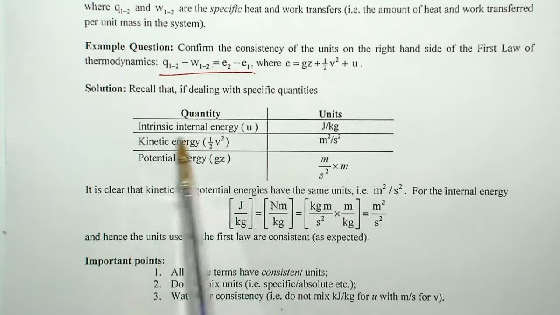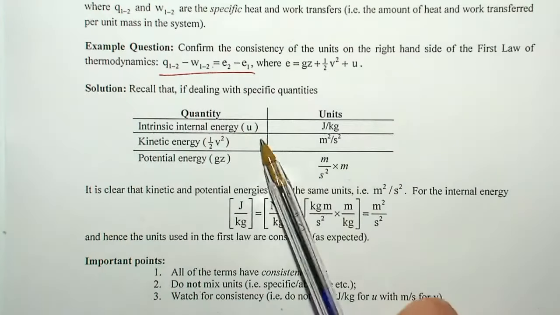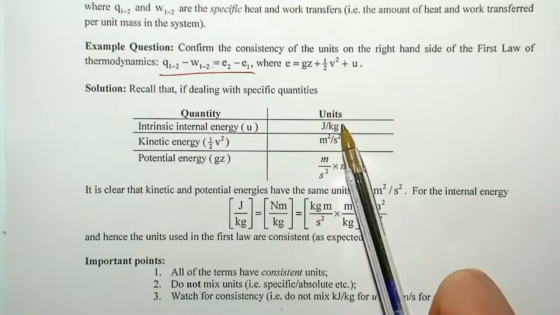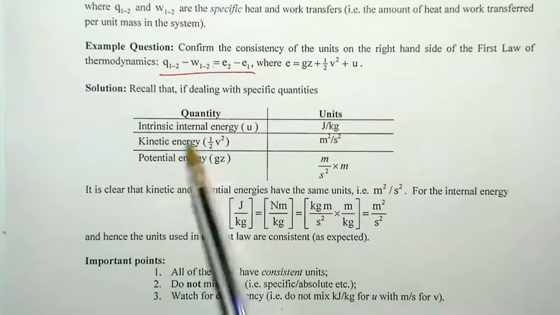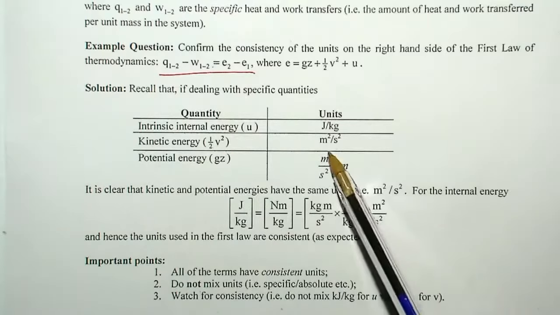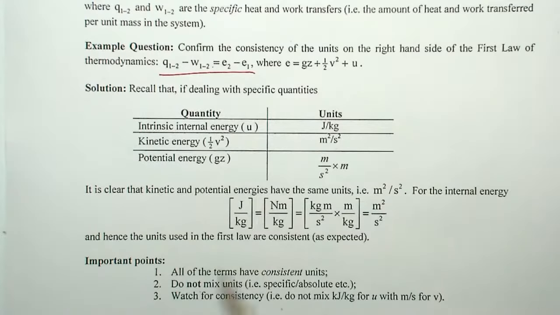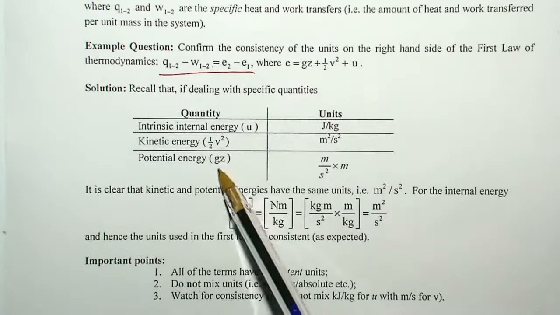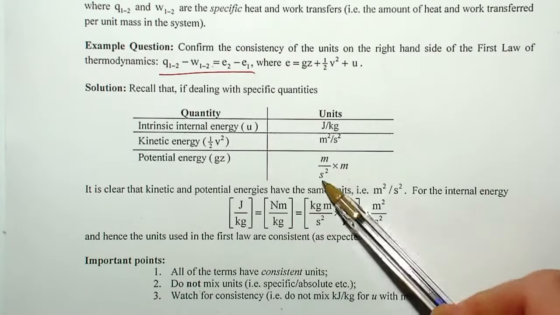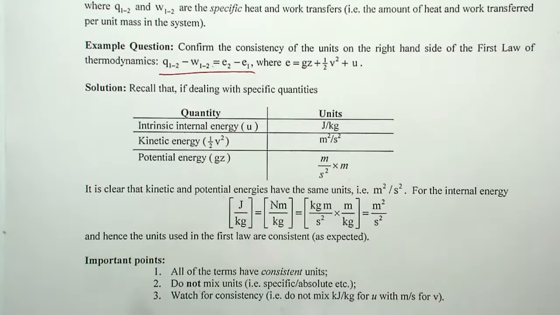Starting with the intrinsic internal energy, because it's a small u, it would be joules per kilogram. The kinetic energy, as you can imagine, is velocity squared, therefore it's meters squared per second squared. The potential energy is g, which has the same units as acceleration, meters per second squared, and z, the elevation, is in meters, therefore you get meters squared per second squared.